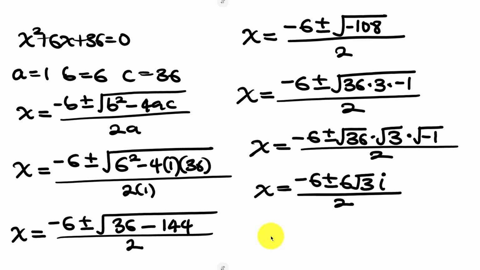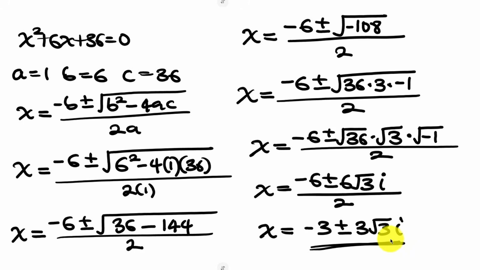So when dividing, we have x equal to negative 6 divided by 2, which is negative 3, plus or minus 6 root 3i divided by 2, which is 3 root 3i. So we have two complex solutions from here and one real solution from our case 1.